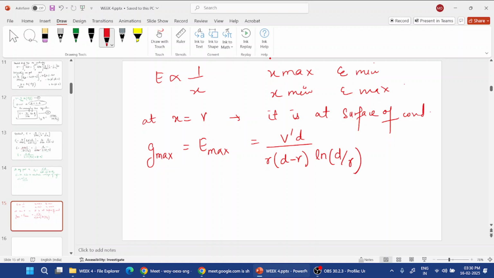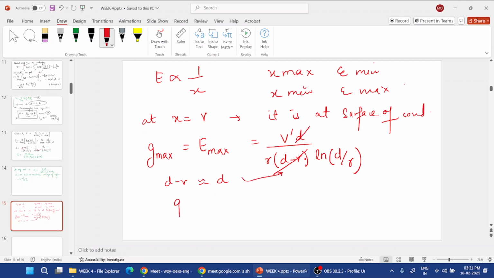This is the value of the maximum gradient at the surface. We already know that d−r is generally equal to d, so we can calculate with this assumption.